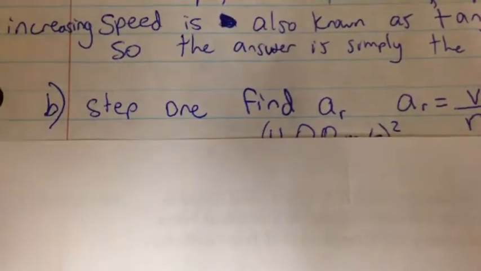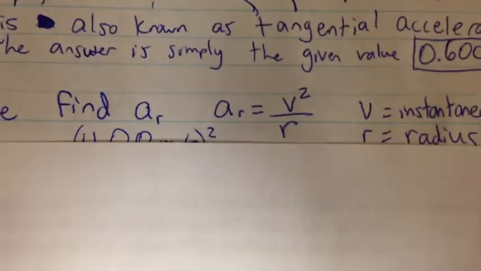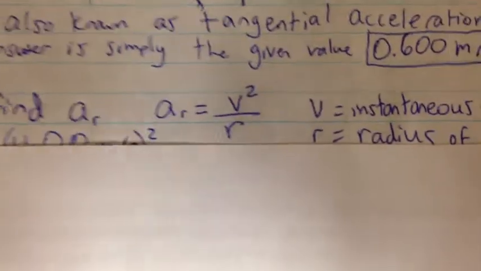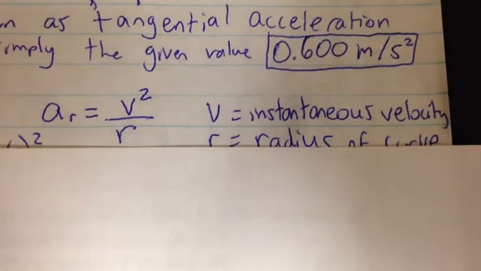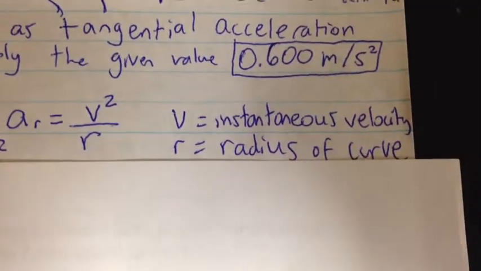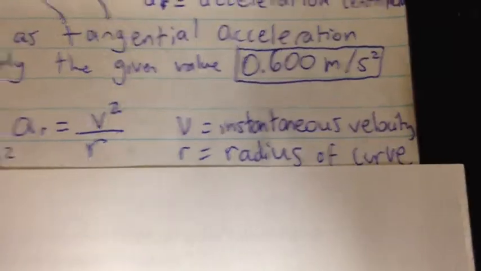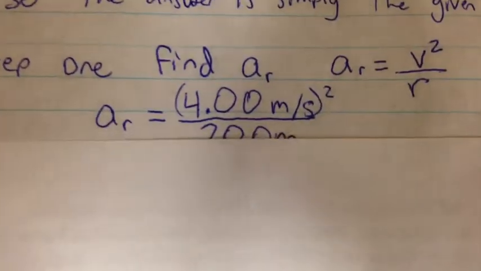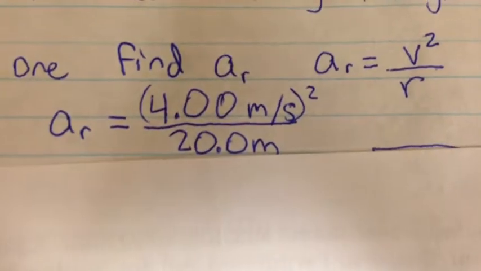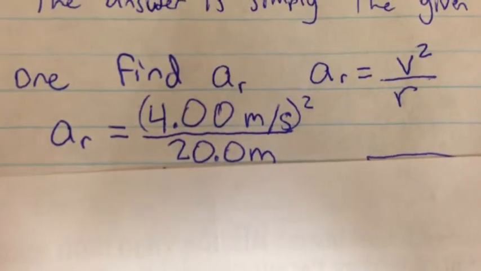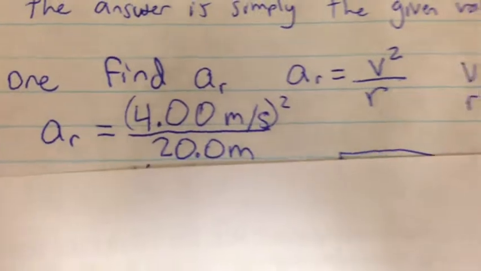To solve part B, step 1 is to find centripetal acceleration. The formula is v squared over r, where v is instantaneous velocity and r is the radius of the curve. Plugging in the values brings us to (4.00 meters per second) squared over 20.0 meters.